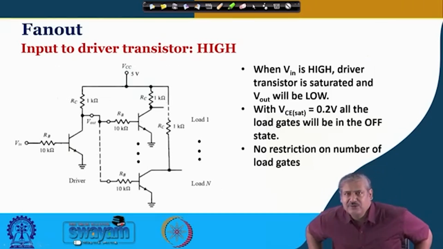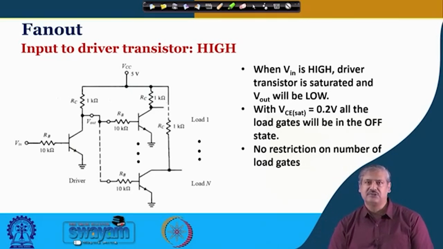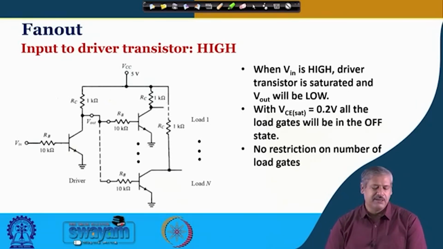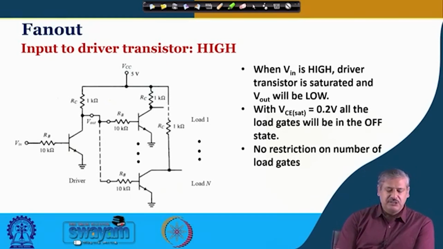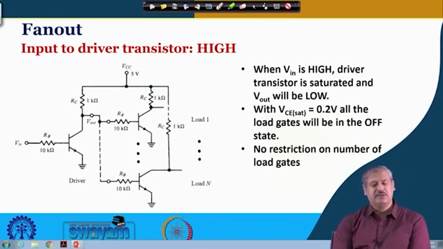Now, we shall end with one important term called fan out, and we take the example that we had for noise margin a little bit further. Here what we see is that a gate will never work in isolation.